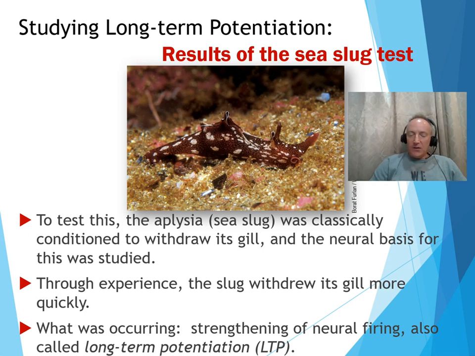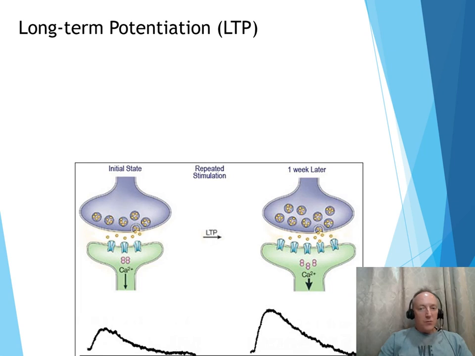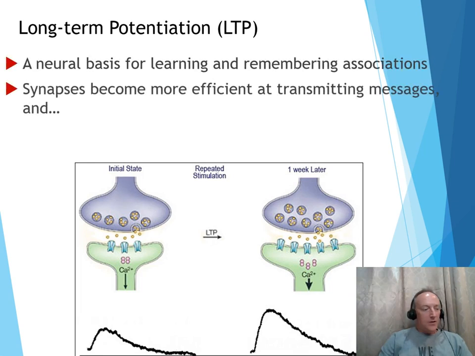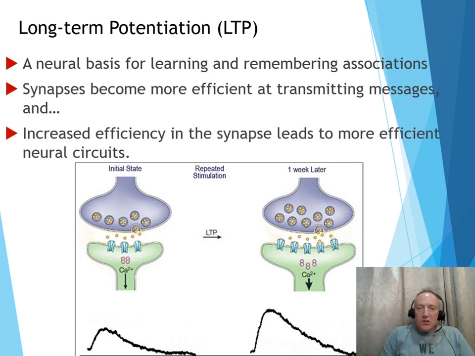And what they found were that certain neural connections got stronger. And this is what they called long-term potentiation. So when you learn something, long-term potentiation is the neurological basis for that memory. It is what is going on at the level of the synapse.